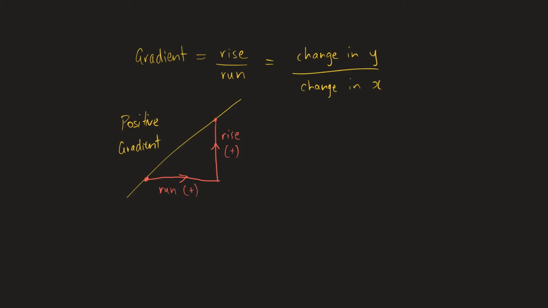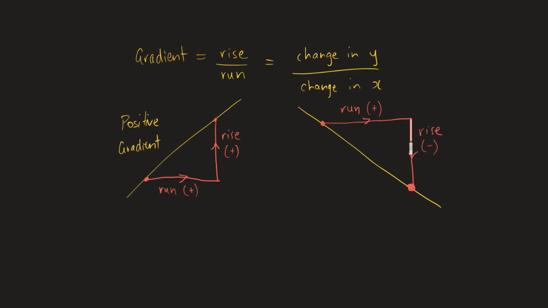The next line we'll look at, again, picking 2 points. So my run, again, is positive, and my rise this time is negative.